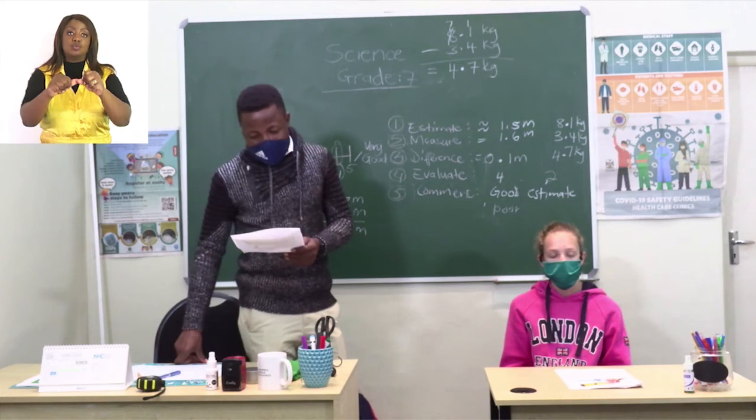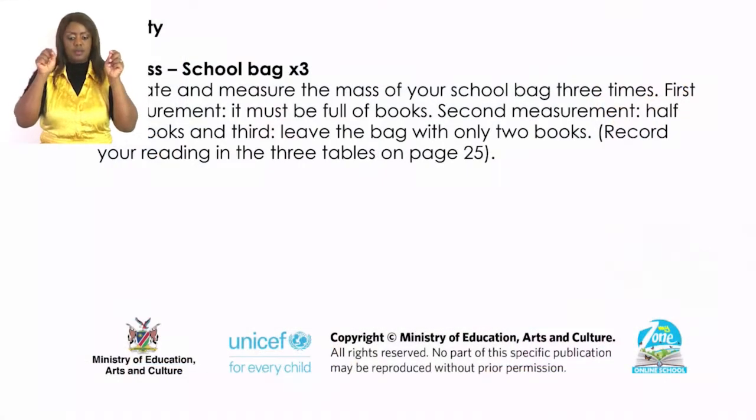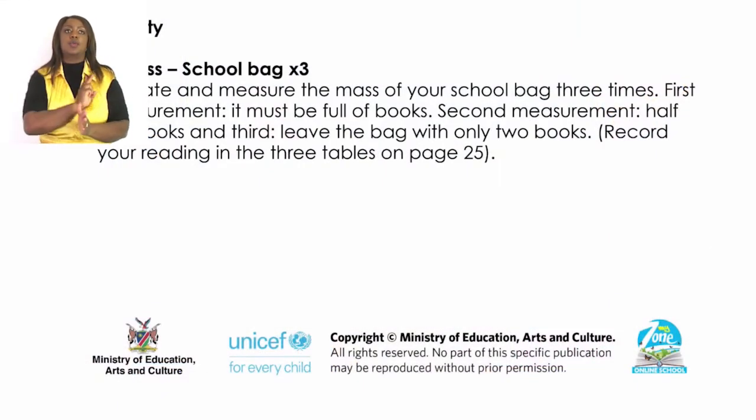Continue with the activity on page 24. So the first question there is to measure the mass of a school bag 3 times. Estimate and measure the mass of your school bag 3 times. First measurement, it must be full of books.